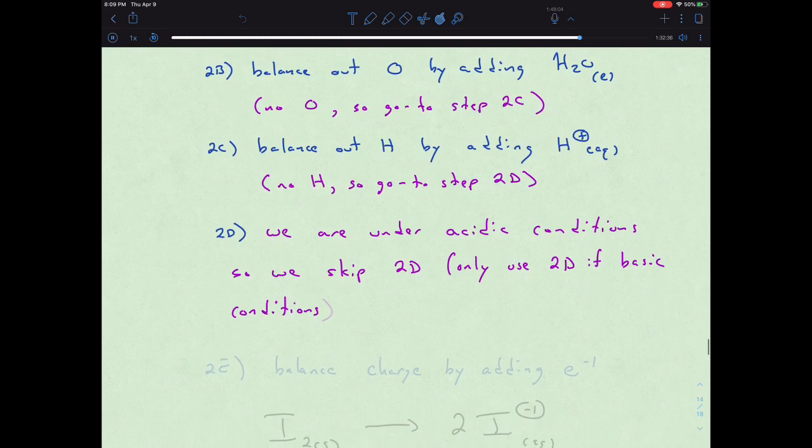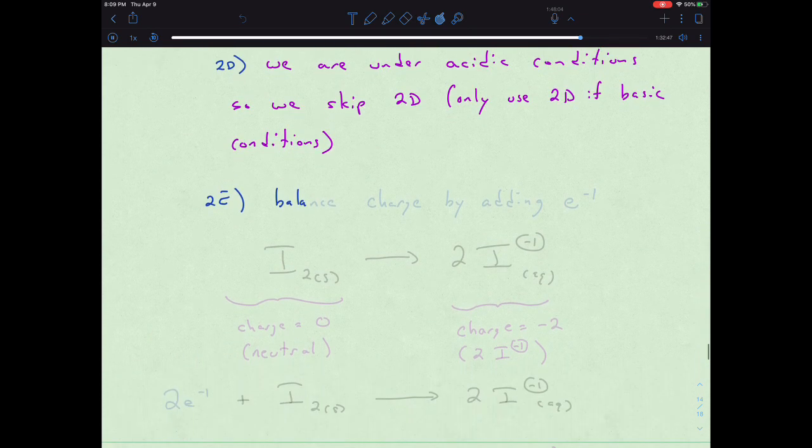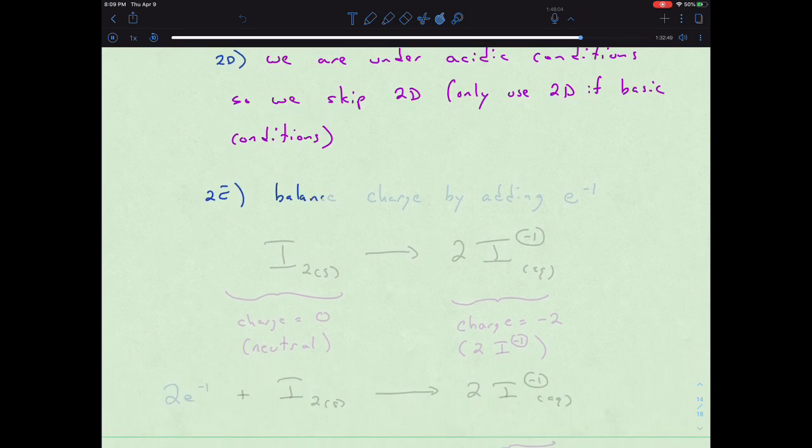And so that takes us now to E, which is to balance charge by adding electrons. And so if we look at the reaction where we're at here for this half reaction, we have the iodine making 2 of the iodides.